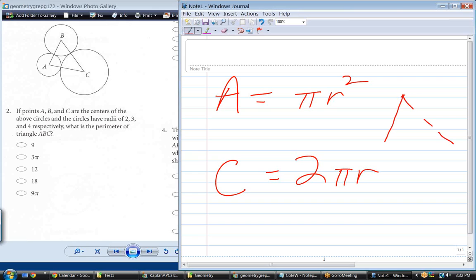I'm going to draw it. There's A, B, C. What is the length of AB? AB would be 5. What is the length of BC? 7. And AC? 6. Perimeter? 18.